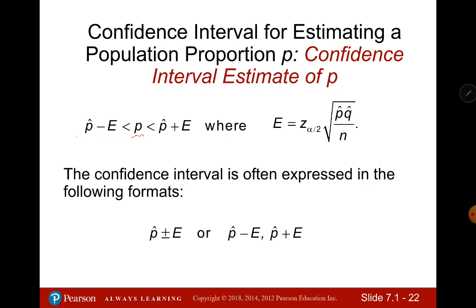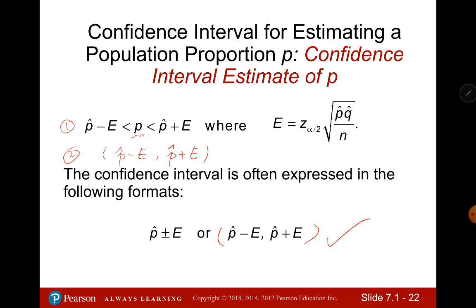So you can write your confidence interval in this form. This is the first way you can write it. And the second way is: the confidence interval for p is p hat minus E to p hat plus E. This is another way to express it.